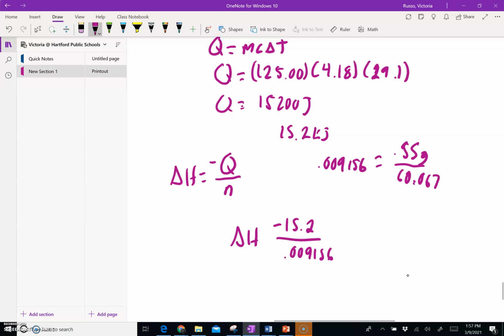You calculate the heat of the water, and divide it by the moles of the limiting reactant of the reaction. And when I did this, I got negative 1,660 kilojoules per mole. I believe the sig figs were 2, so it would be negative 1,700 kilojoules per mole.